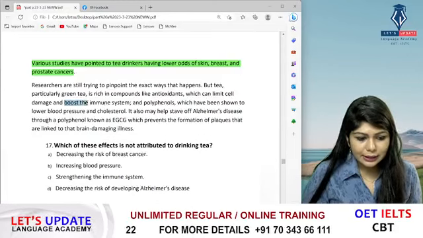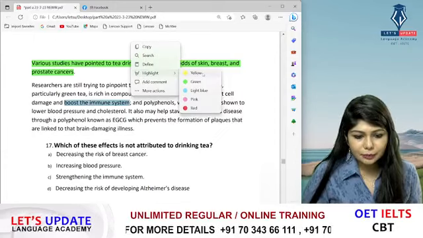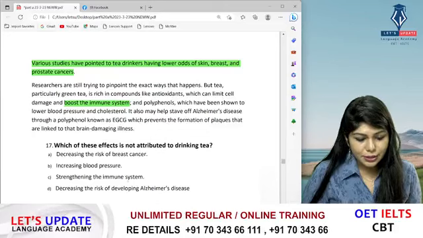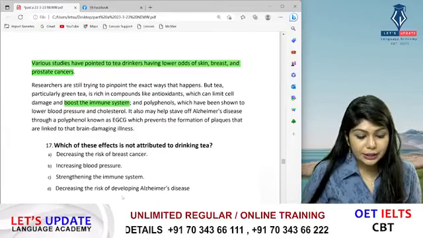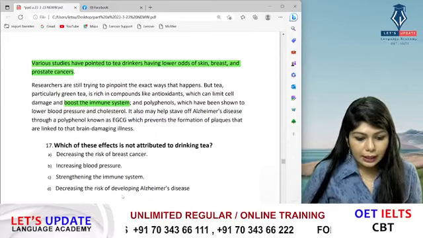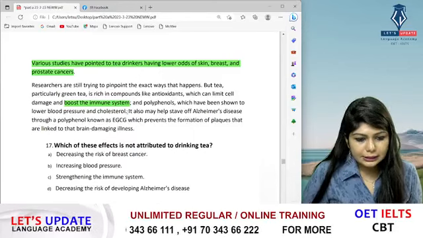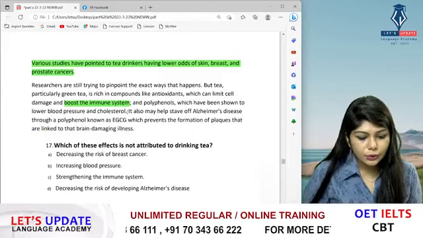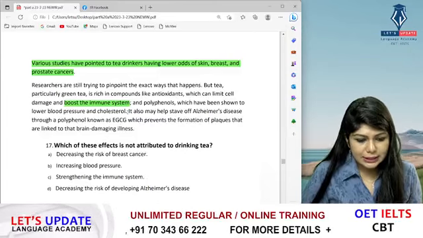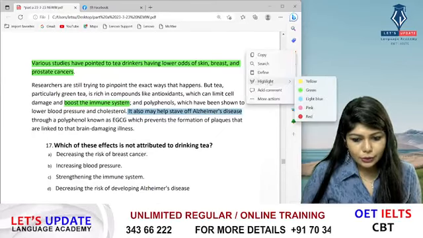Definitely, it will boost the immune system, which means strengthen the immune system, so that is also mentioned. So option A is mentioned, and C is mentioned. Looking at option D, decreasing the risk of developing Alzheimer's disease: yes, that is also mentioned, because they have suggested that it may help stave off Alzheimer's disease. I'll highlight that also.